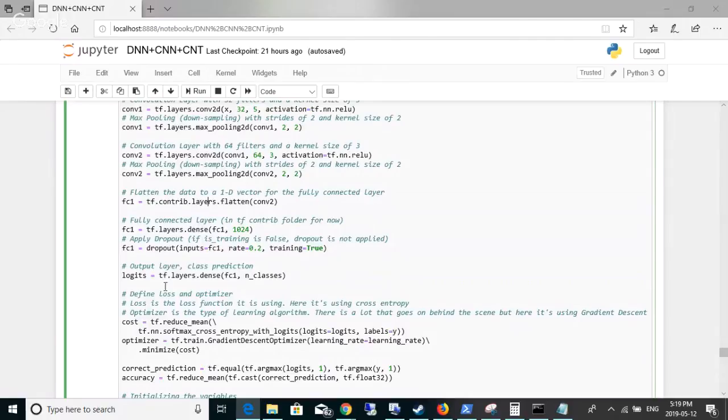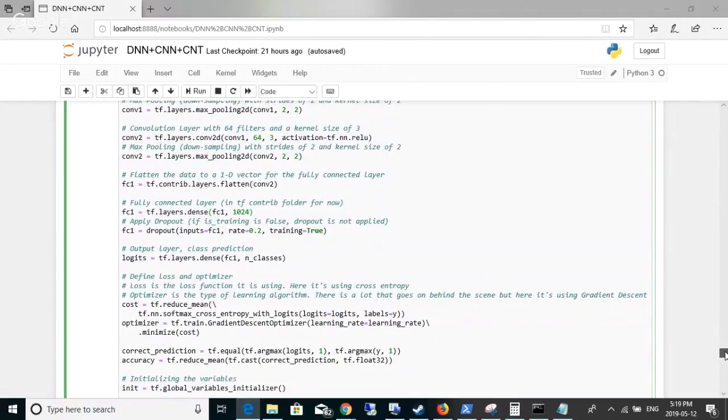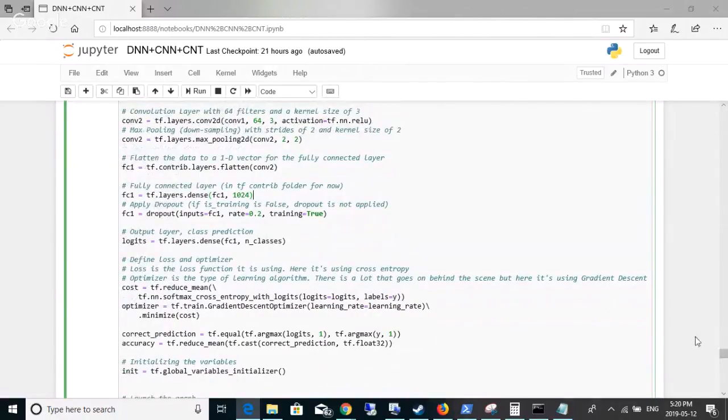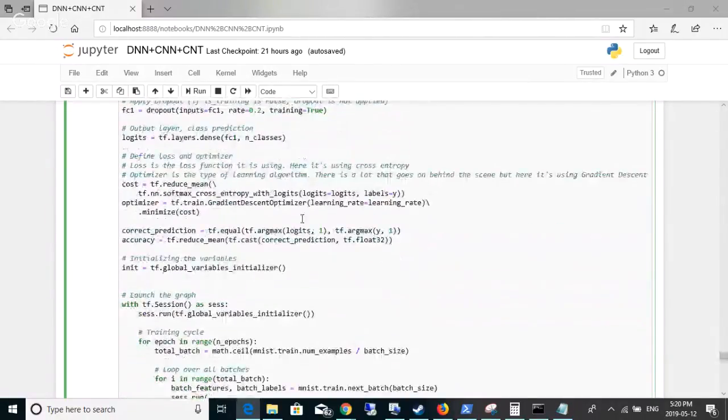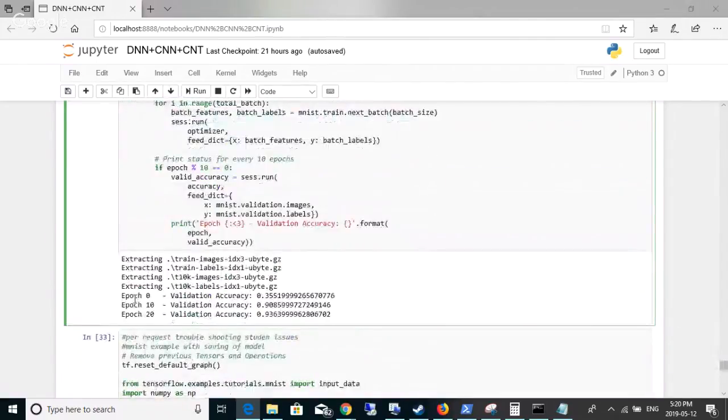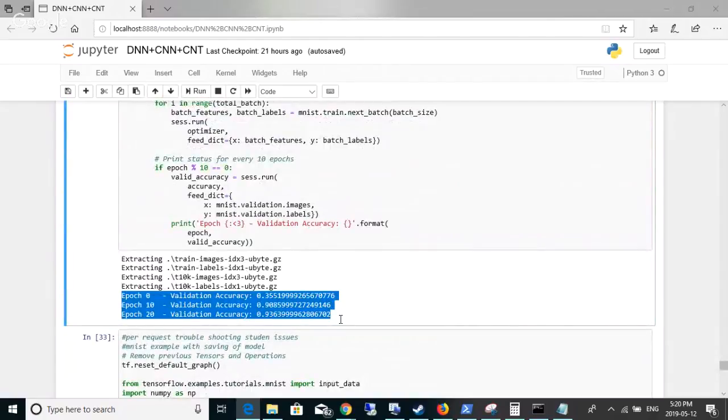So this is similar to what you can think of as the hidden layer and output layer from the original example, but of course this is following a bunch of convolutions. And of course, the same learning algorithm here, reduce mean, cross entropy. Something to note: I ran this for about 30 epochs.